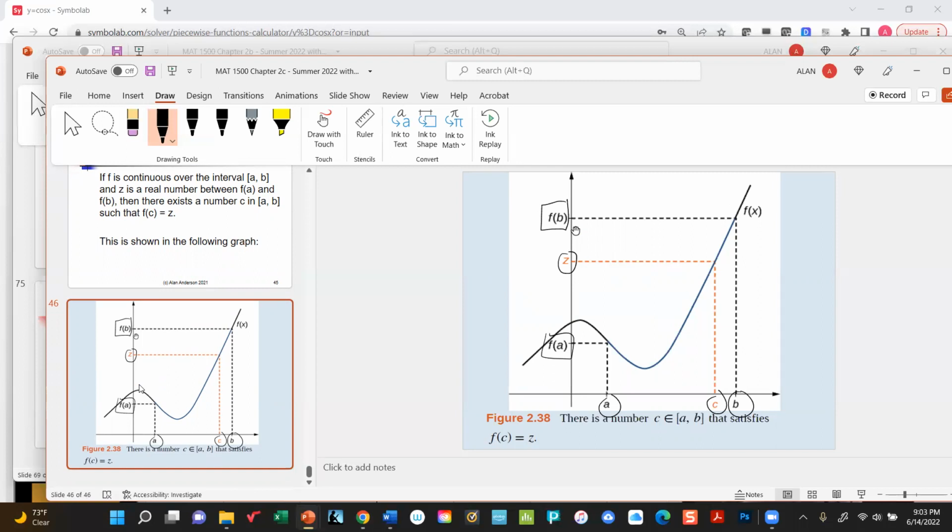In other words, just the mere fact that z is between these two values guarantees that there is some C in the real number line such that f of C is equal to Z.